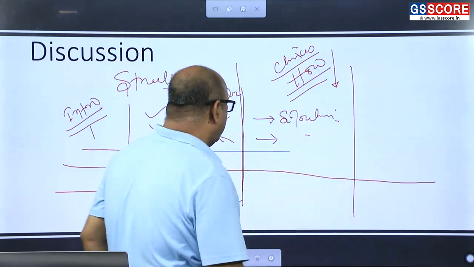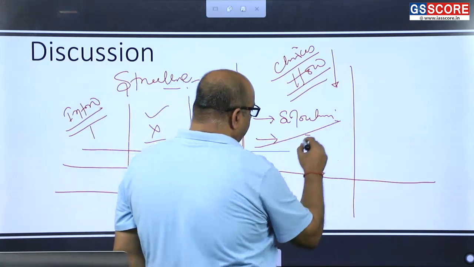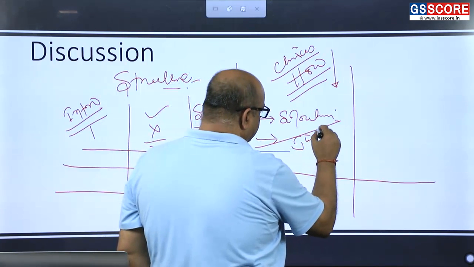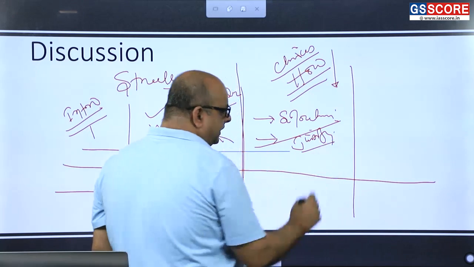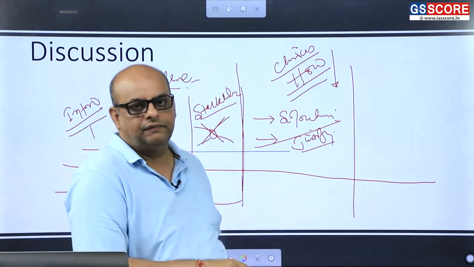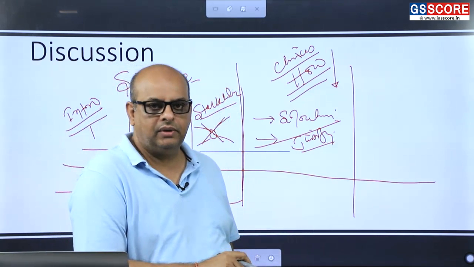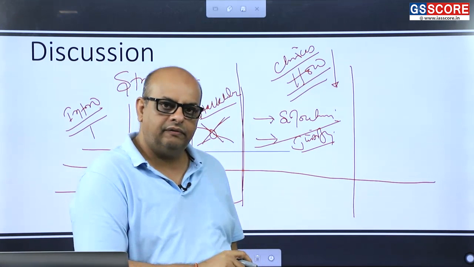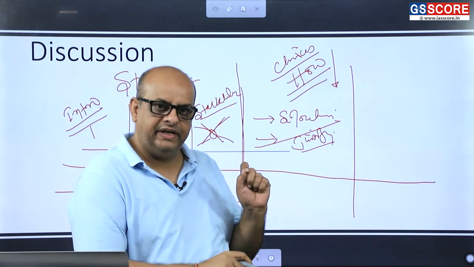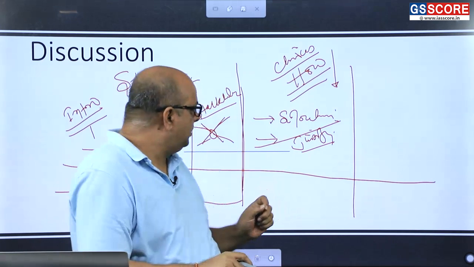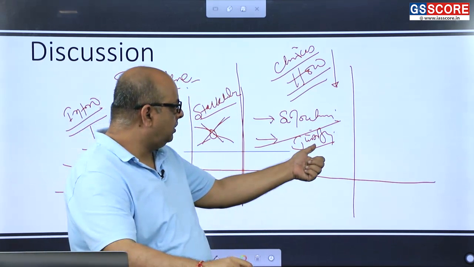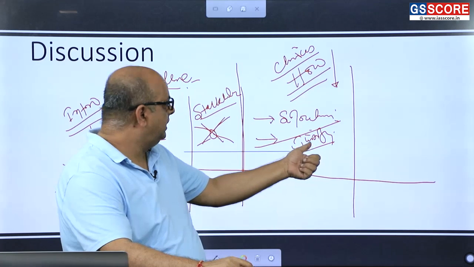And the third most important aspect, whenever you write, is that you try to justify your position. For justification, you may talk in terms of current affairs, the law, the Constitution, or a thinker or philosopher, but it has to be very crisp and direct, because here you are not going to write much.